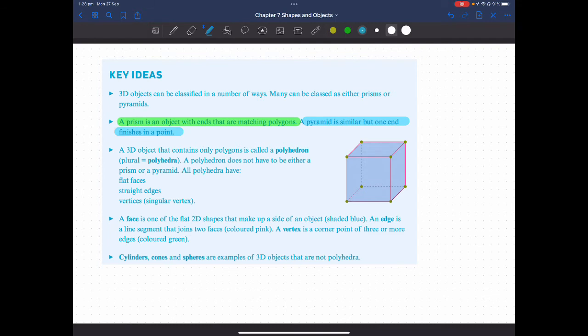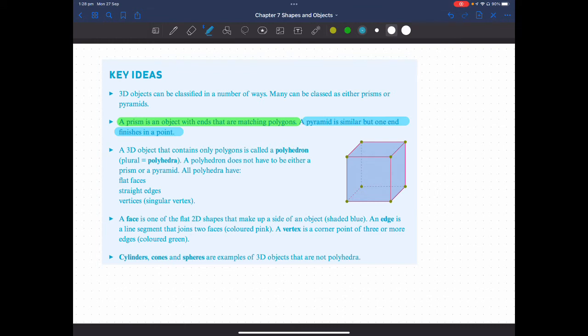All polyhedra have flat faces, straight edges, vertices. The singular of that is vertex. Vertices are just corners. A face is one of the flat shapes that make up the side of an object.